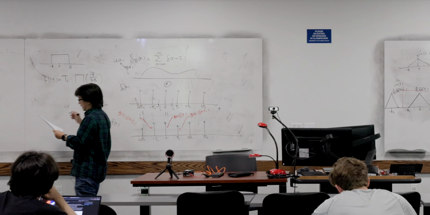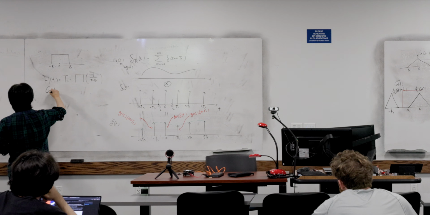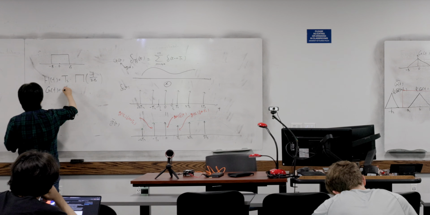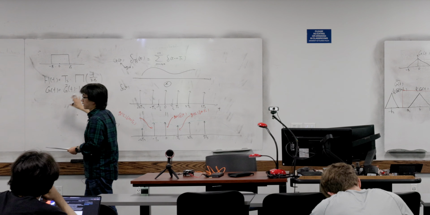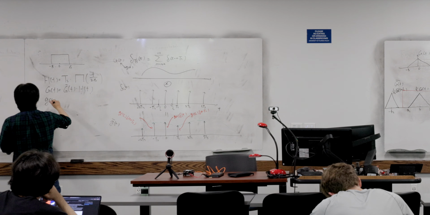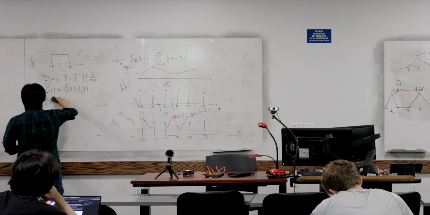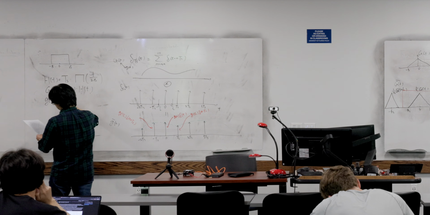So now let's see what happened in the time domain. In the frequency domain, we know that G(f) equals G-bar(f) multiplied by H(f). So in the time domain, it's a convolution. g(t) equals this guy.